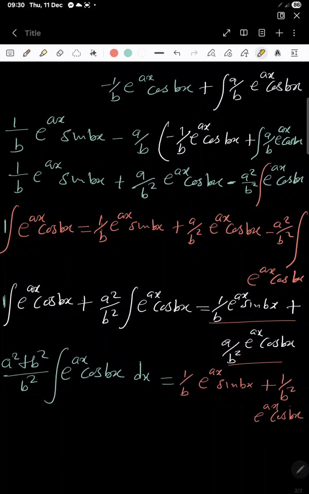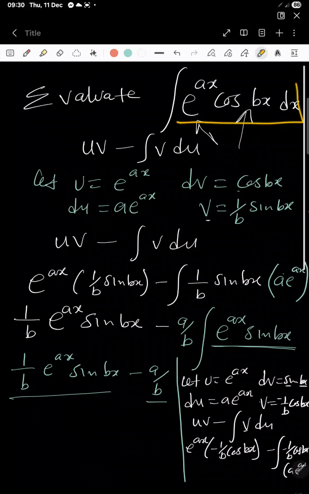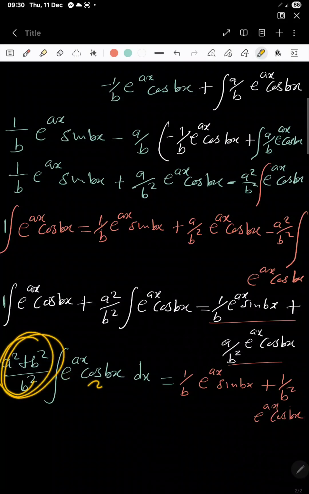Now remember, what we want to get is the integral of e to power ax cos bx. That's what was given in the question. Now how can we get it? For us to get it, we need to remove this constant here, so that we just remain with what was asked. So what can we do? We are simply going to divide throughout by that constant.